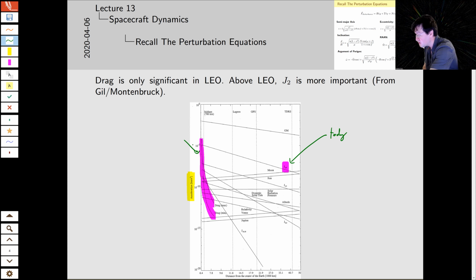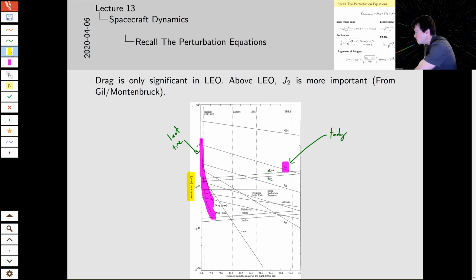And these are the ones we talked about last time. Some other ones we don't talk much about here. So we've got the effect of the moon and the sun. Those get actually fairly significant when you get farther out. They increase as you get farther out, as you would expect, since you're getting farther from the sphere of influence of the Earth.